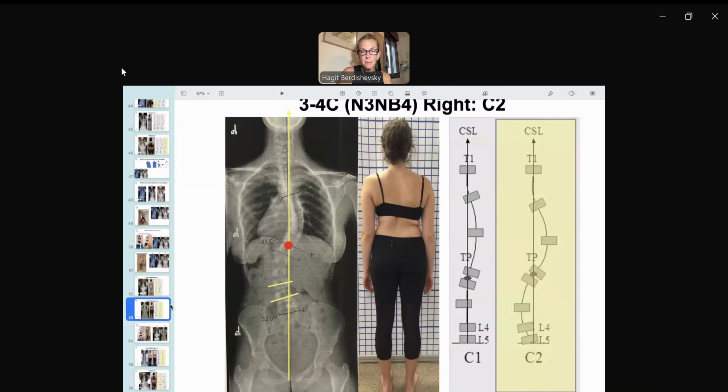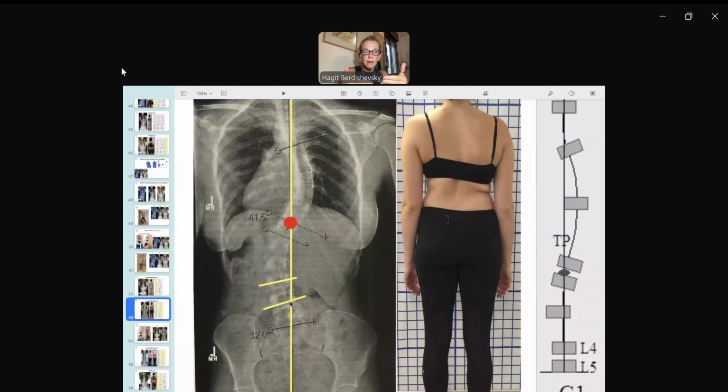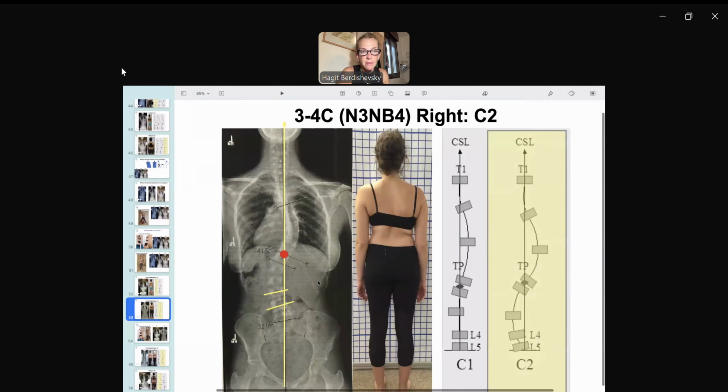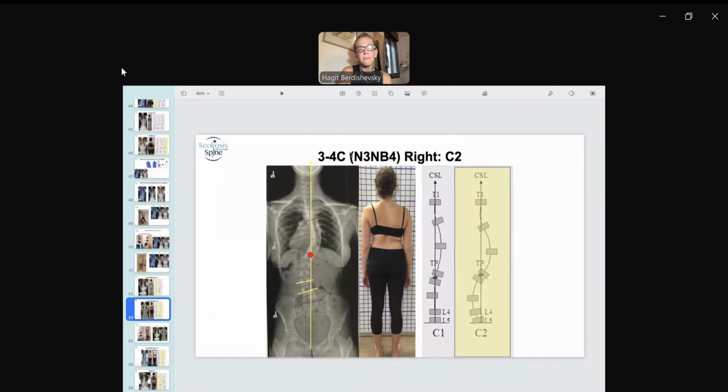This next type, the C2 type, has L4 and L3 tilted, not horizontal. And you can see, of course, a very clear and easy lumbar curvature. So this is the second type of 3-4C, or non-3, non-4, basically.